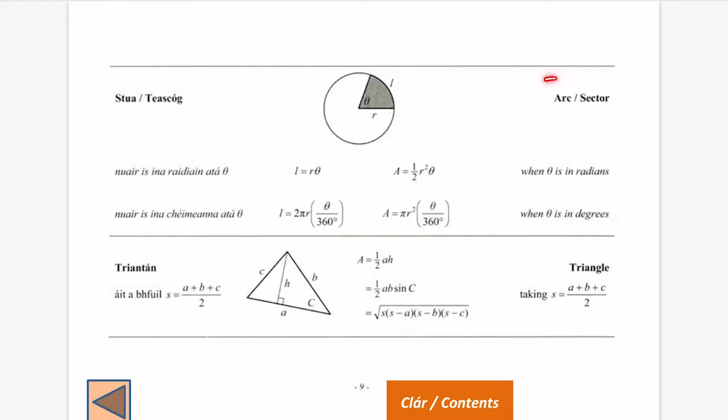Okay, and that is here in the log tables. They have 2 formulas for this in the log tables as well. They have the length of the arc of the sector given by L, and they have the area of the sector itself. They take theta in radians or degrees. So we were asked for degrees.